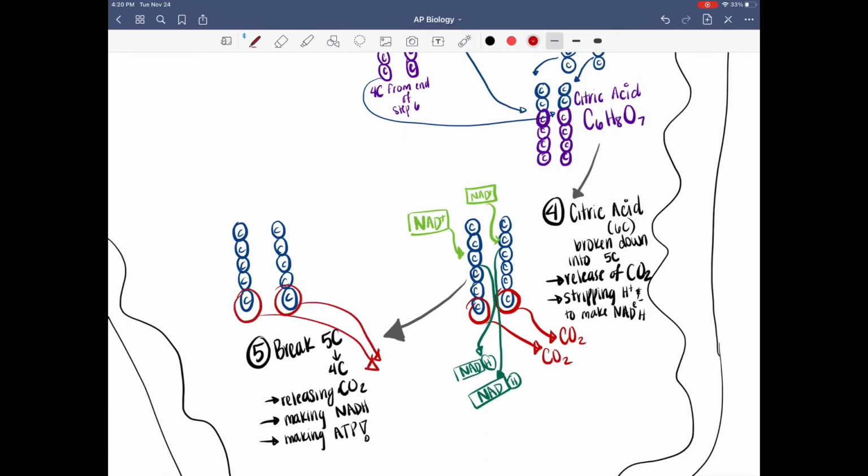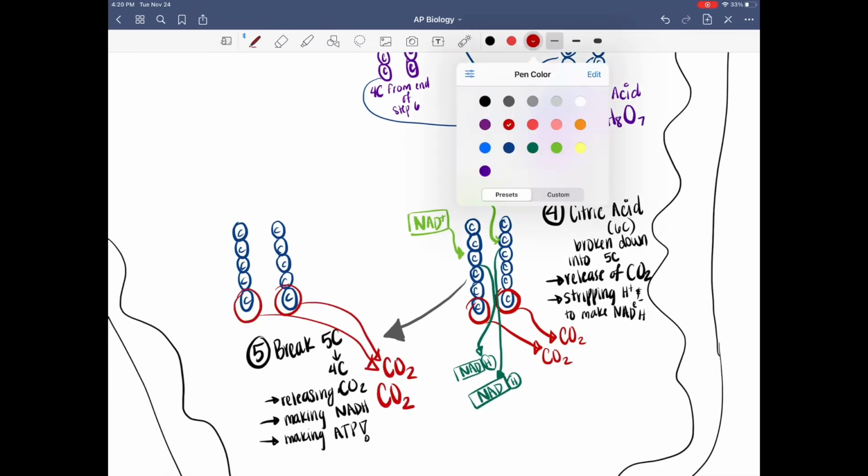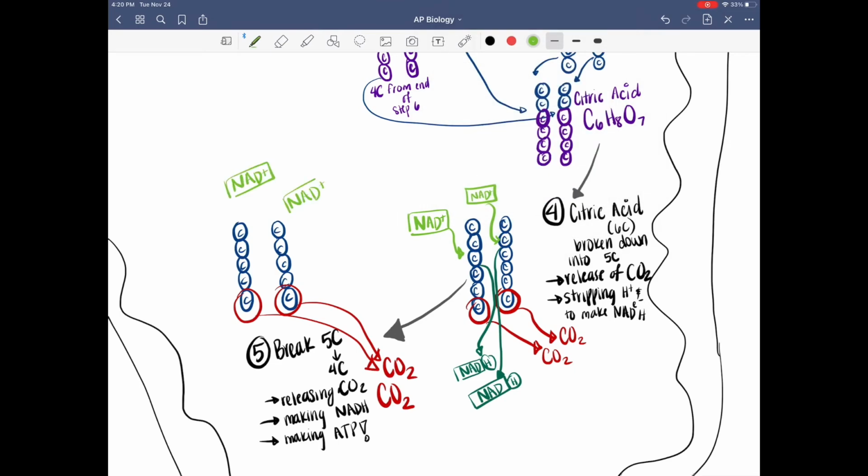So take each carbon off from the end, make CO2, take some NAD pluses, go through, strip some hydrogens, make NADHs. But what's going to be new in this step is that when we are breaking that carbon dioxide off, we at the same time are going to take some ADP, use that energy and bond a phosphate to an ADP, creating 2 molecules of ATP.